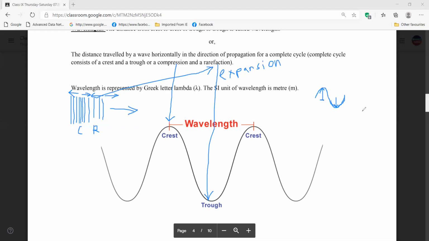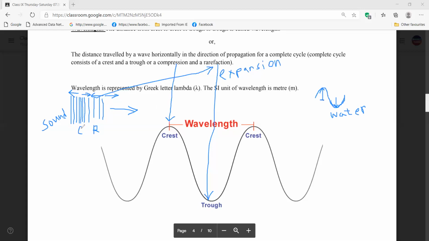This is the sound wave, and this is the water wave. Please draw this, whatever I am drawing, you should draw it. The particle movement here is up and down, and here the particle movement is forward and backward.